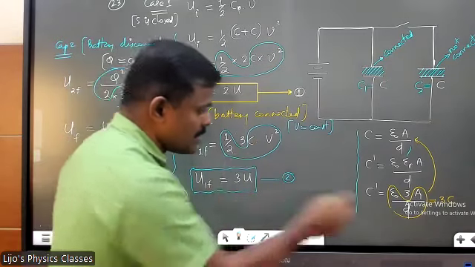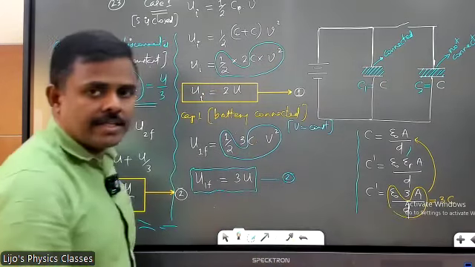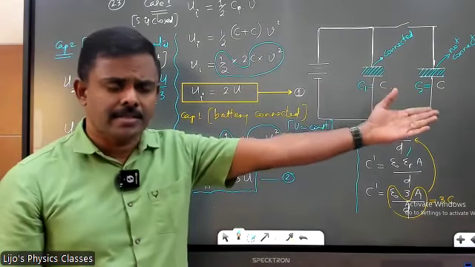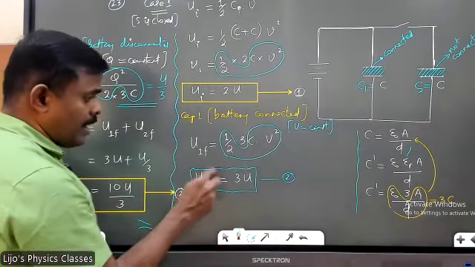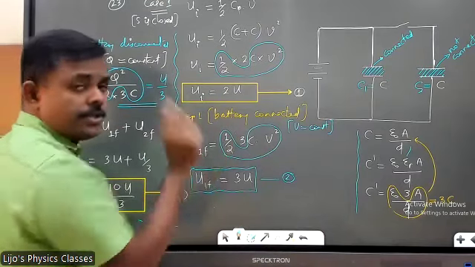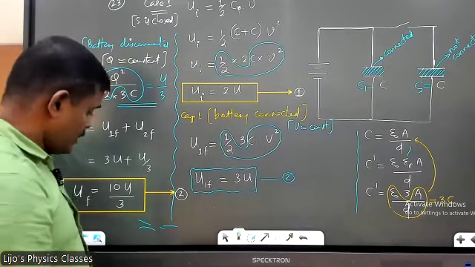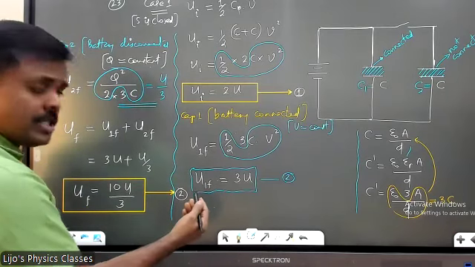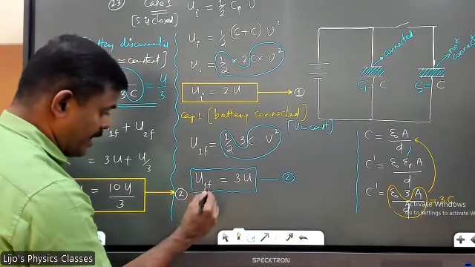But the new C is 3C, so half 3C into V square, because you made some changes to the capacitance. Half CV square like before is U, so that makes it 3U. Now I'm completely done with the final energy of the first capacitor.